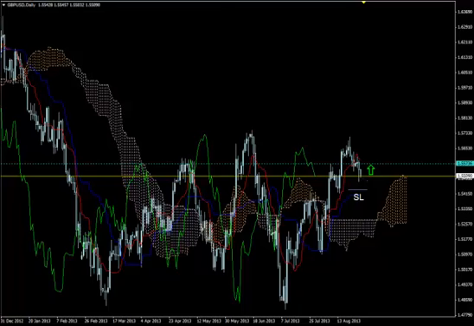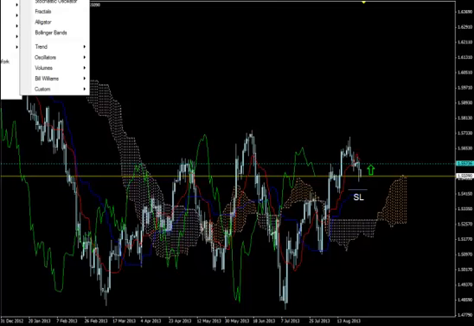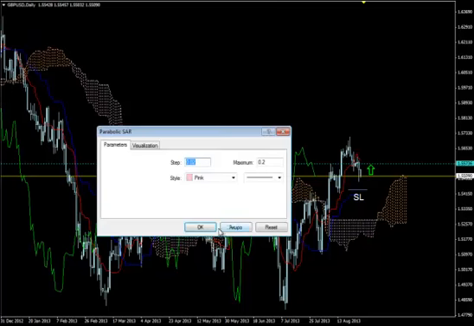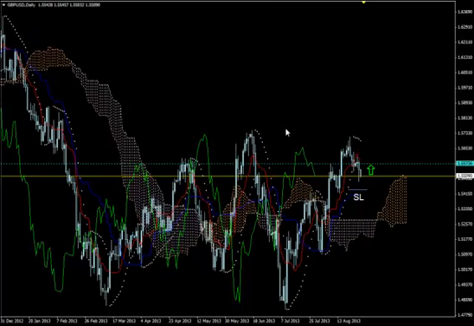If we insert a lagging indicator, parabolic SAR, which I like a lot because when it gives signals, they are valid because it gives them only after they are as much confirmed as possible, we see that we have bearish dots on the daily chart.